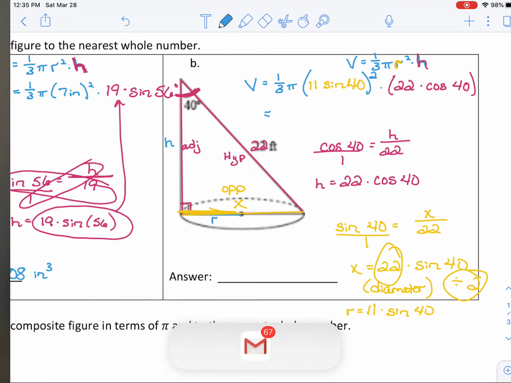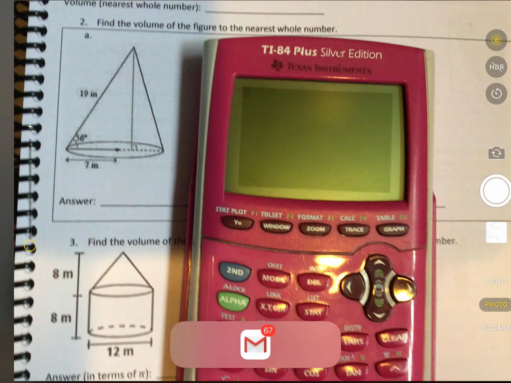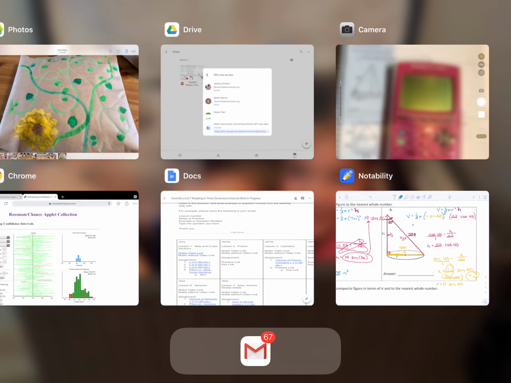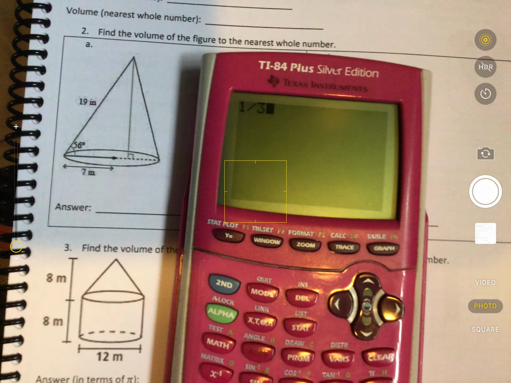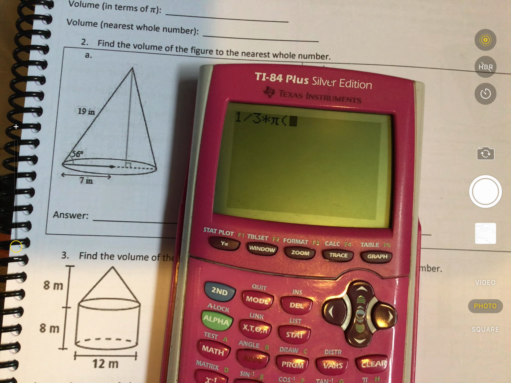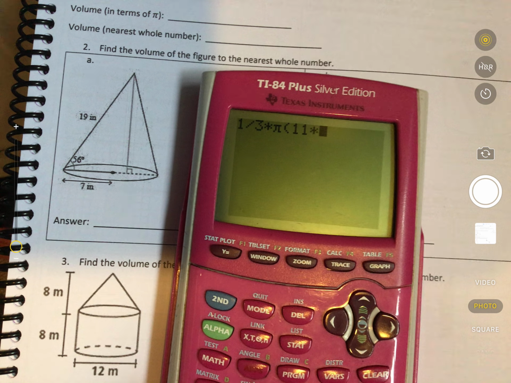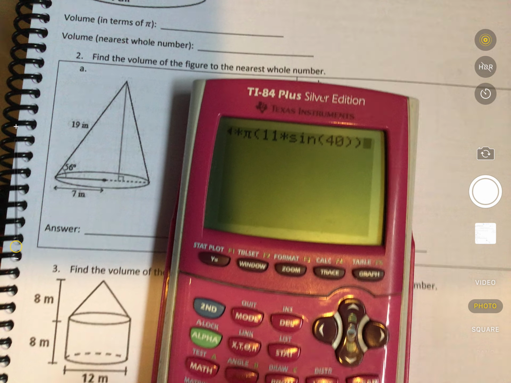So, I think I'm going to try and show you on the actual calculator. So again, I have a graphing calculator. 1/3 pi, so 1/3 times pi. And then in parentheses, we need to do 11 times the sine of 40 degrees.